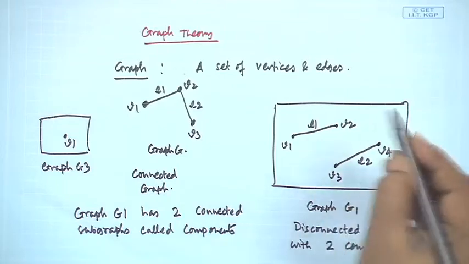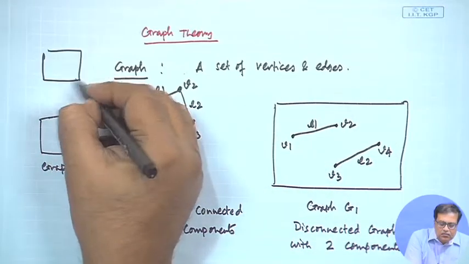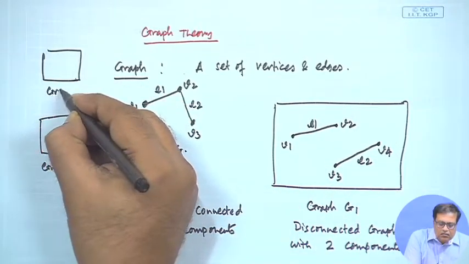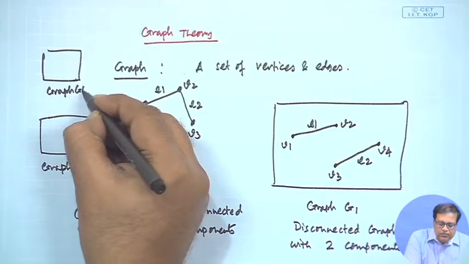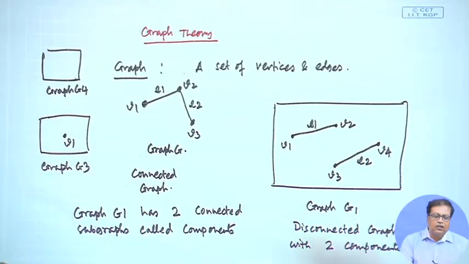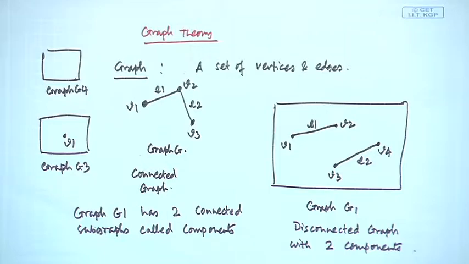Now, extreme case, graph G4. I have drawn nothing. Is it a graph? It's a very interesting question, that it is also a graph in a sense, and it's a null graph.